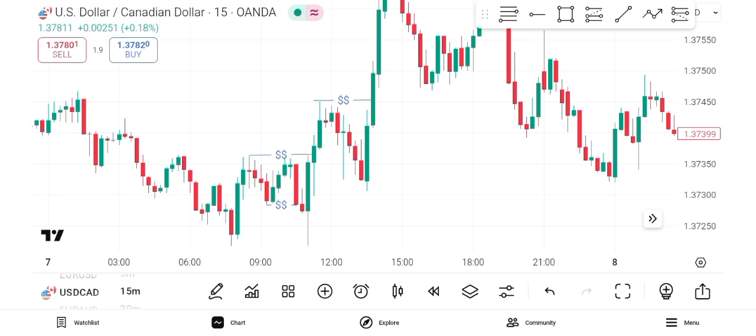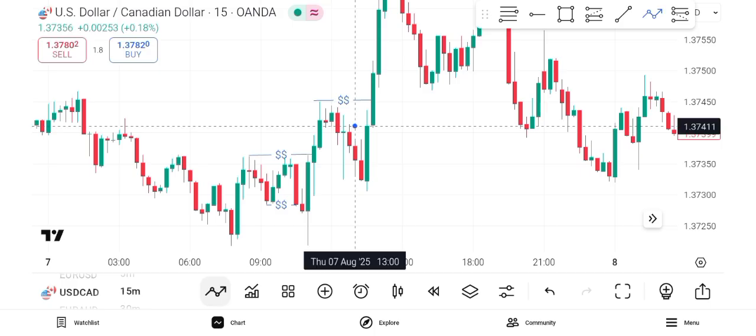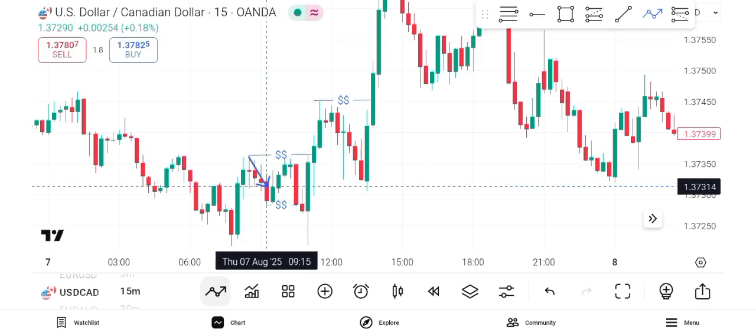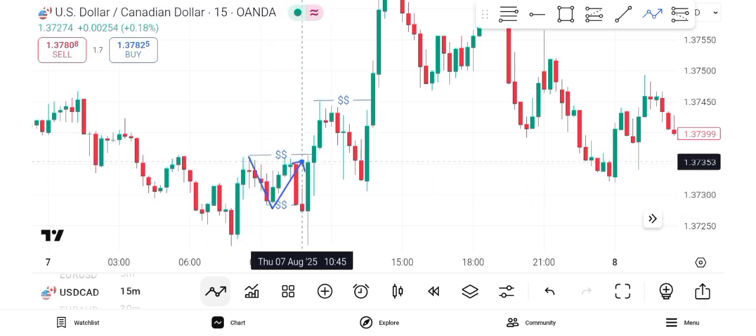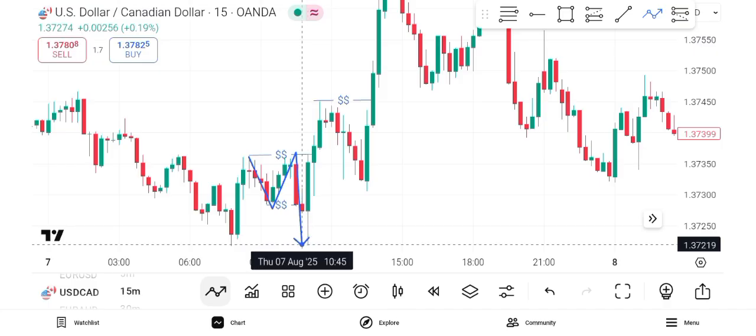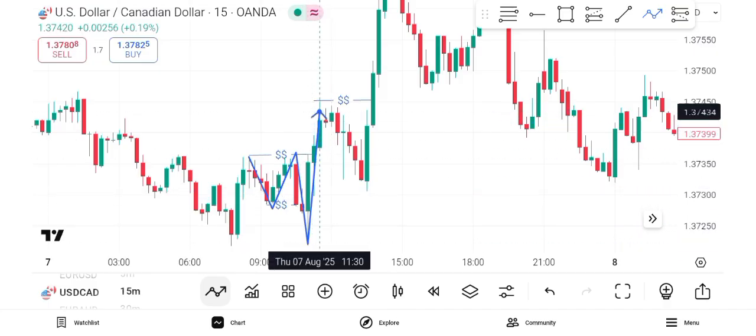So how do we know about our structural liquidity? Assuming right here I only see this swing structure without any structural liquidity, I won't try to take this trade. I have to wait for a structural liquidity.